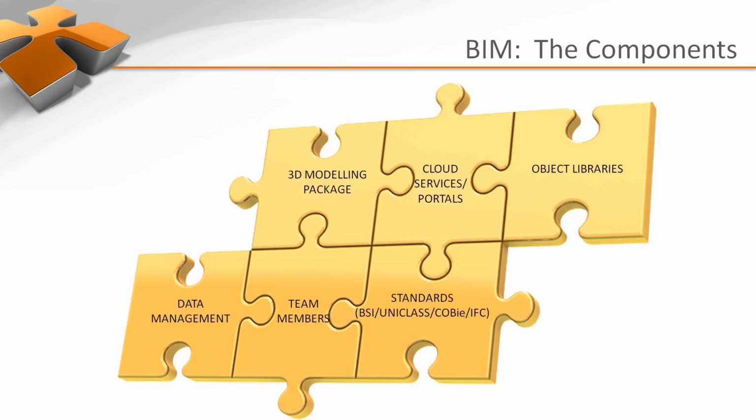So what are the main components? Well, without boring you with too much detail, there are a number of different elements you need to be thinking about, and the first one obviously is pretty mandatory. If you look at the government construction strategy and the kind of things that they say in there, it's fairly simple. You can boil it down to 3 things. The first one is that you have to implement 3D modelling.